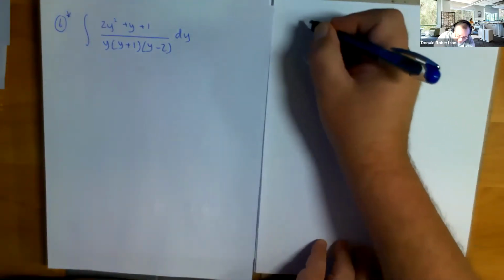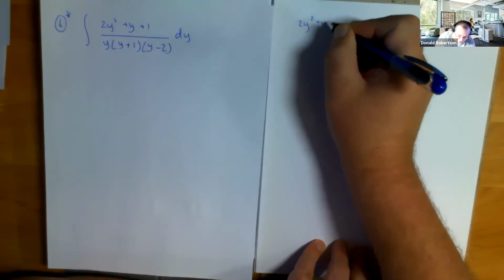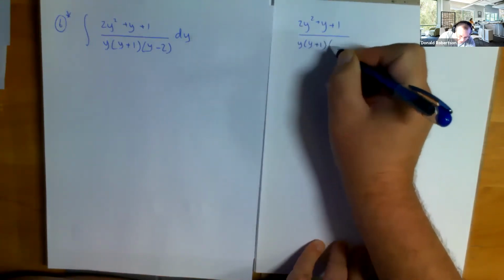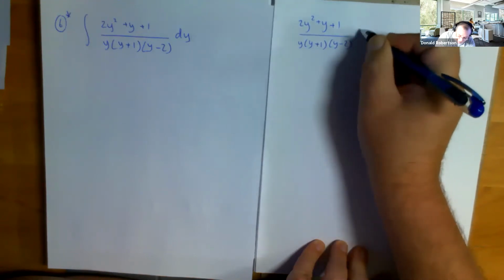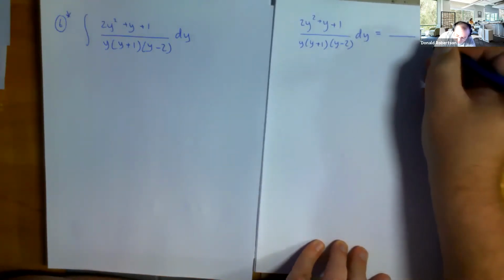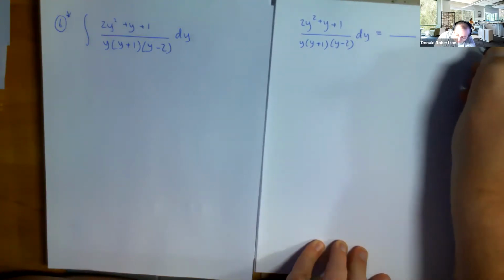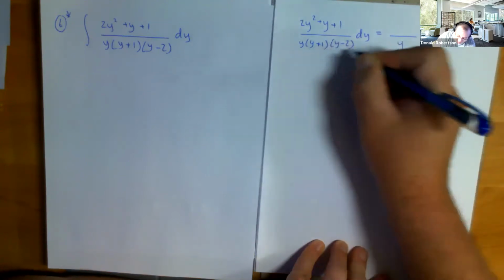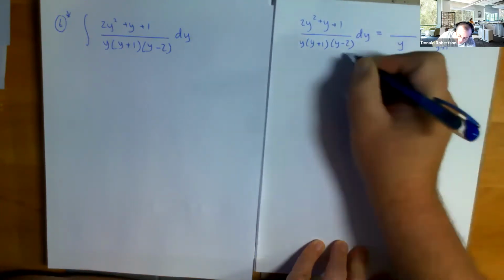So over here, I'll do the partial fraction thing. There's going to be a y. There's going to be a y plus 1.